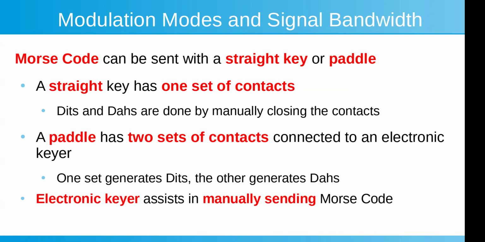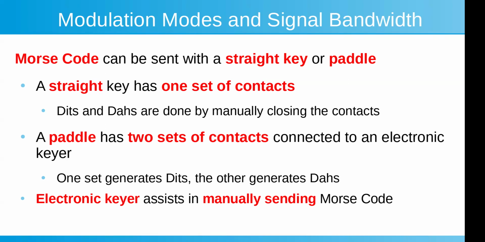So when you press the paddle for a dit, it will send repeating as long as you hold it. It'll go dit dit dit dit dit. Likewise, the other direction or the other paddle, and it'll go da da da. So you have to learn timing. So it's very different than tapping up and down and doing the timing yourself.